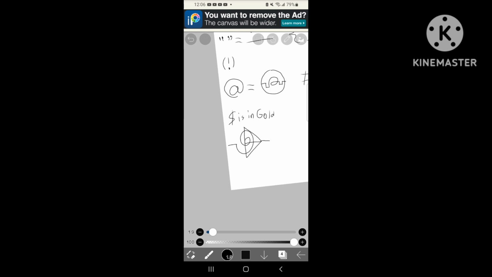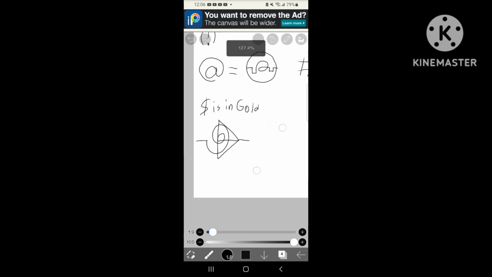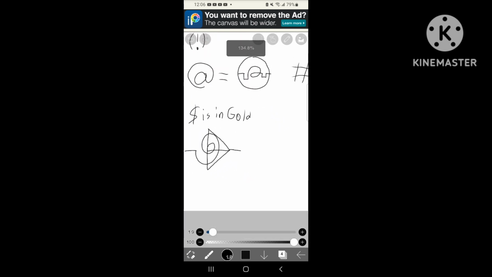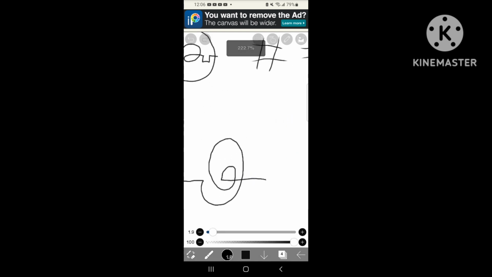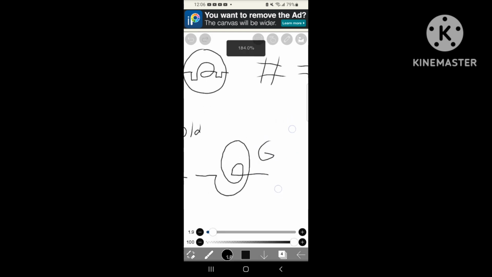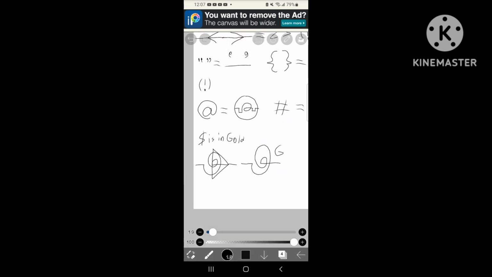So that is how you write 1G, or the money symbol in Endython. Here is a comparison of the capital letter G and the G symbol.